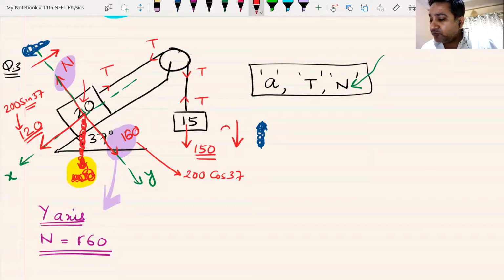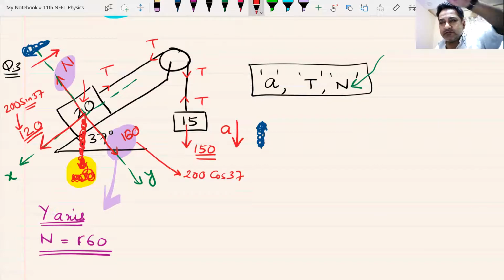If the 15 kg block moves downward with an acceleration A, what is the acceleration of the 20 kg block upwards? A, Niharika says. Why, Niharika? Because both are attached by the same string.